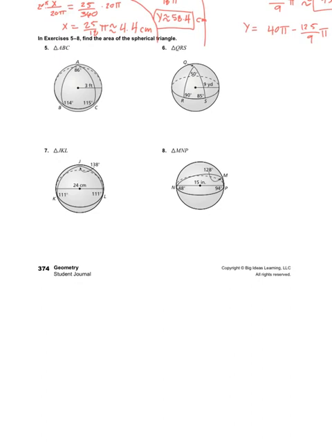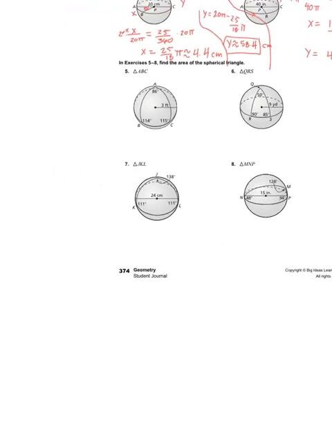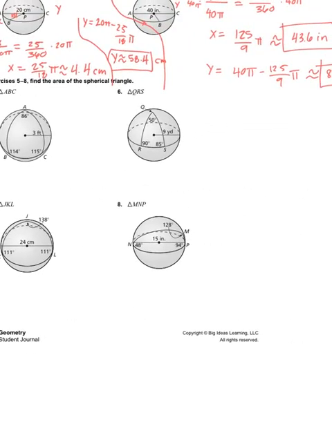Alright, so let's look at questions 5 through 8. Questions 5 through 8 ask us to find the area of the spherical triangles. So we're just simply going to use the formula that they gave us, and put this somewhere over here off to the side.